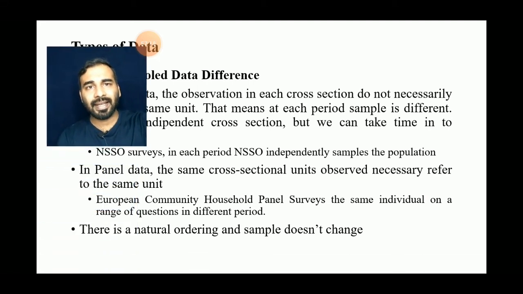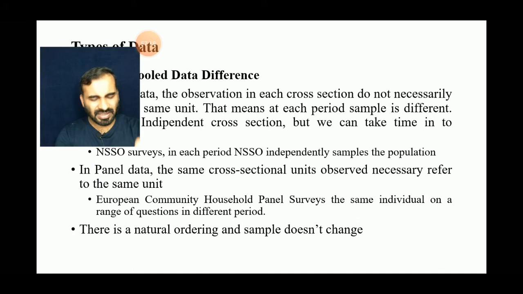Whereas in panel data, the same cross-sectional units are observed, so it necessarily refers to the same unit. Just like our population census. The population census is conducted every 10 years. So we will have population data for different states at different periods of time.